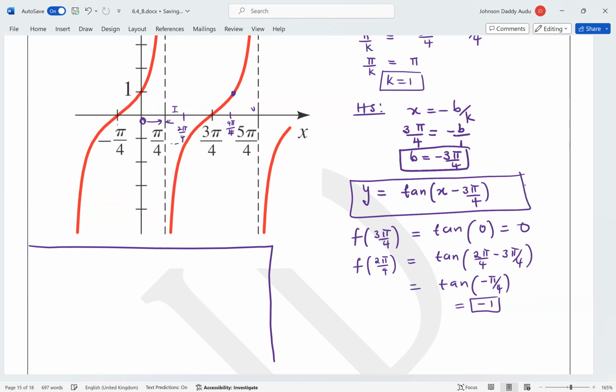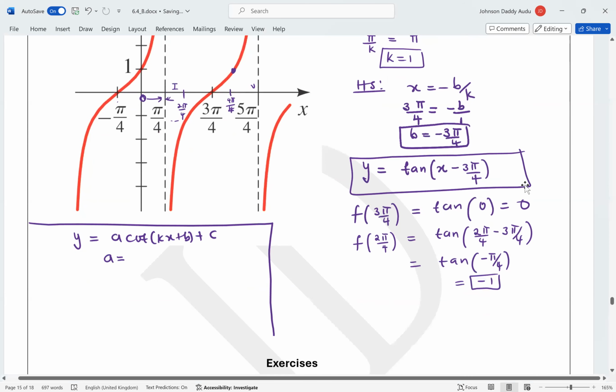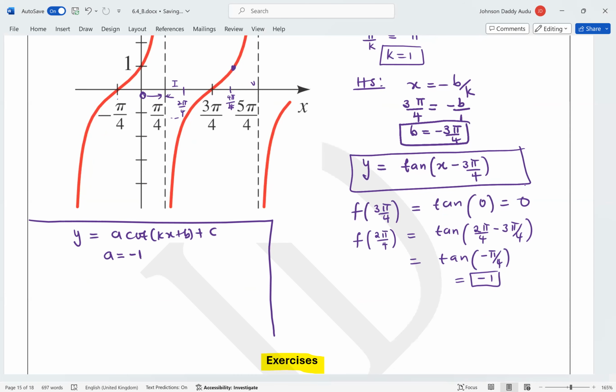So if you want to consider it as a graph of cotan, it's going to be A cotan(kx plus B) plus C, right? A now is not going to be positive. You have to consider A to be negative, right? Yes, A will be -1, but the K will still be the same, which is 1. But what will change now is the horizontal shift, remember it's going to be x minus b over k.